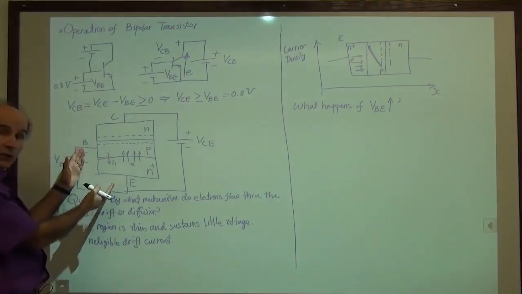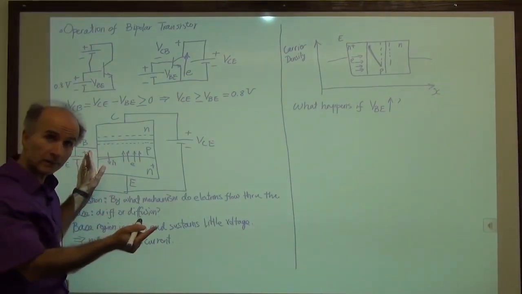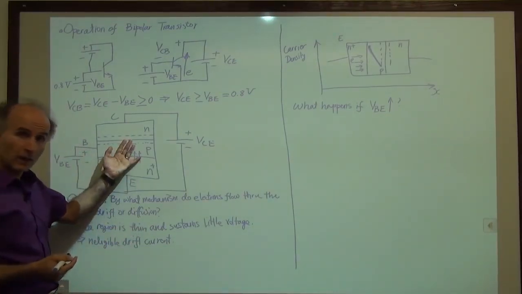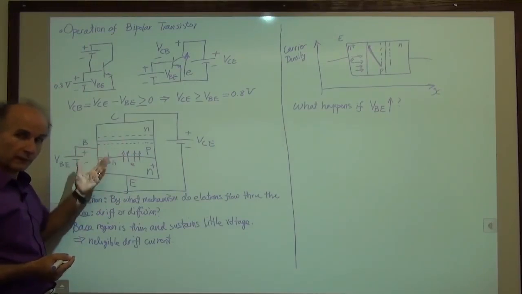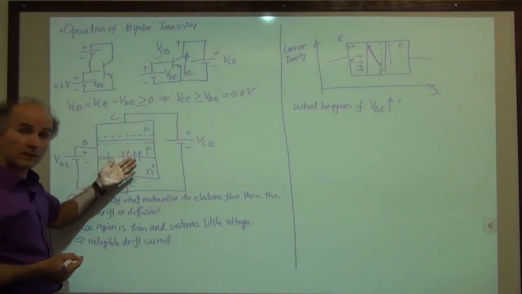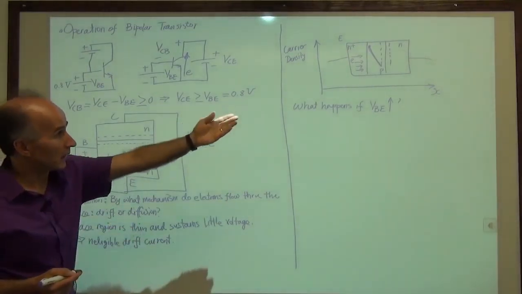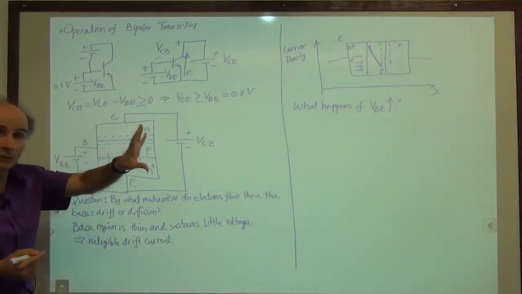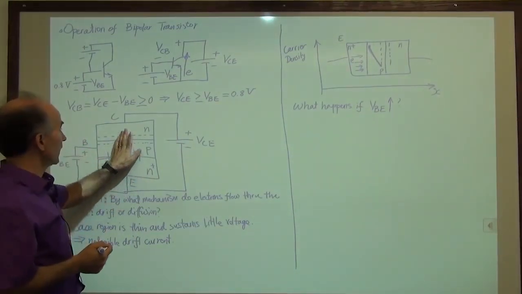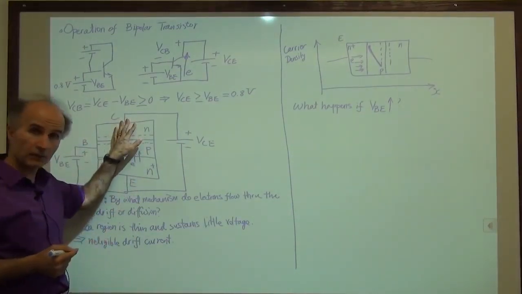Well, I have a forward bias junction, so its current has to increase. If the current increases, we have a lot more electrons going this way, and again, more holes. Both of these have to increase, but of course, we have a lot more electrons. So if you have more electrons, this time, compared to this time, 810 millivolts versus 800 millivolts, then it means that we also have a higher current coming out of the collector.